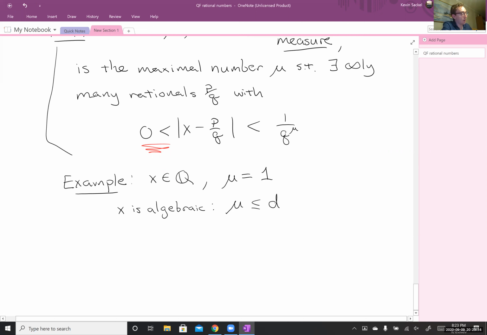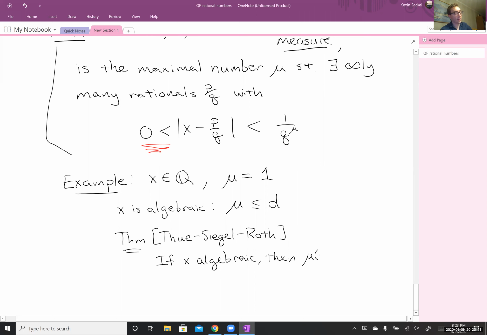And it turns out there's a theorem called the, let me get all the names, Siegel-Roth, I think, which is hard, which actually says that if x is algebraic, then mu of x is actually equal to 2.